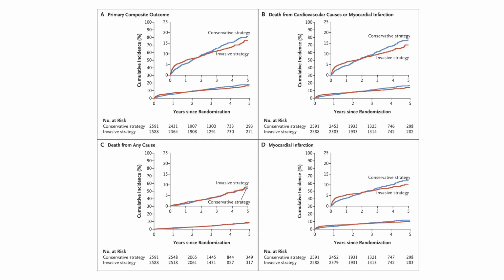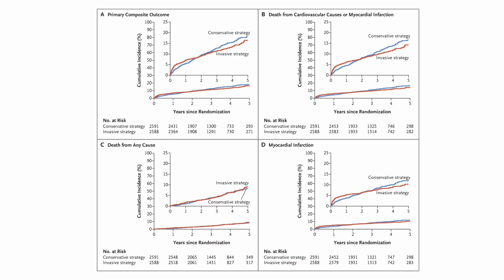Now, that wasn't statistically significant, but if you look at the other curves, you can see, especially in box D, that this interesting pattern of the lines crossing is really driven by increased rates of myocardial infarction in the group who got the invasive strategy, and that was mostly procedural myocardial infarction.